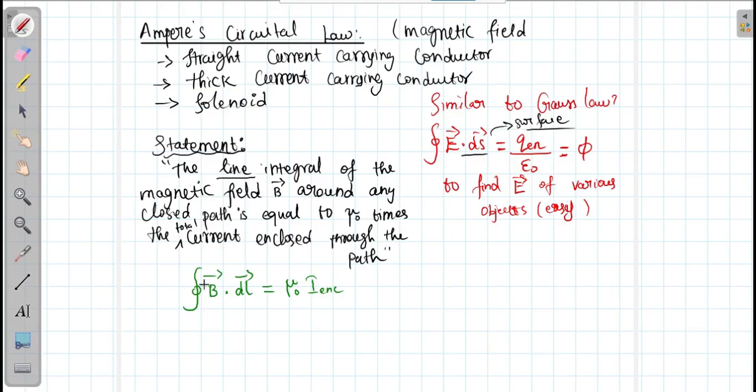See, everything remains, it is equivalent terms. Here it is E, here it is B, and mu naught, epsilon naught, and current, charge. So the source of electric field is the charge, the source of magnetic field is the current.